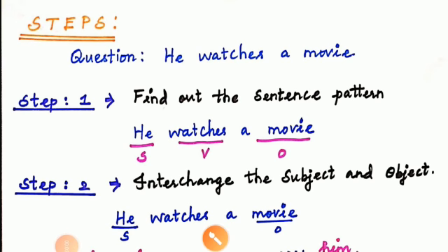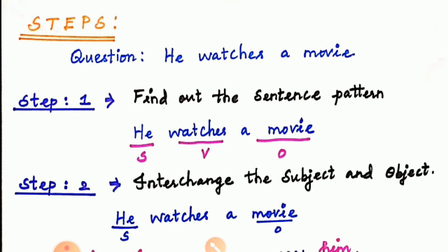Okay students, let me recall what we have seen in the last video. In the last video, I told you what is meant by voice. Voice is a verb form that shows the relationship between the subject and the verb presented in the sentence. And voice can be classified into two. The first one is active voice and the second one is passive voice.